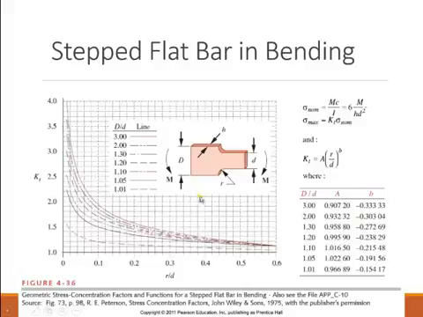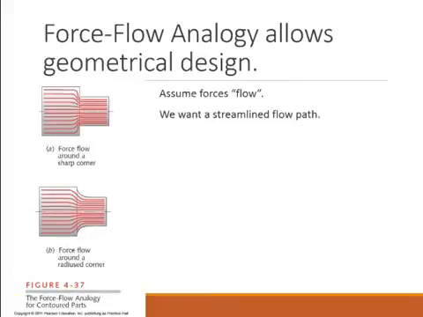But it's relatively simple for me to take my known geometry, find my D over d, compute A and B, or interpolate if I need to, take my radius and d and calculate what KT is, and now I know how much the stress has been increased. And again, this is the nominal stress that would have been there because of the moment, and now I'm increasing it with the stress concentrator.